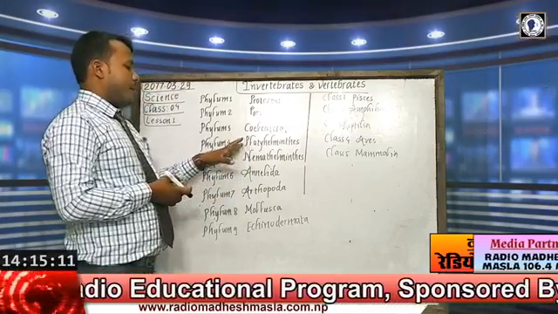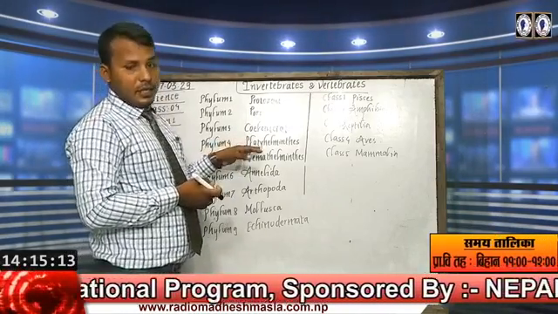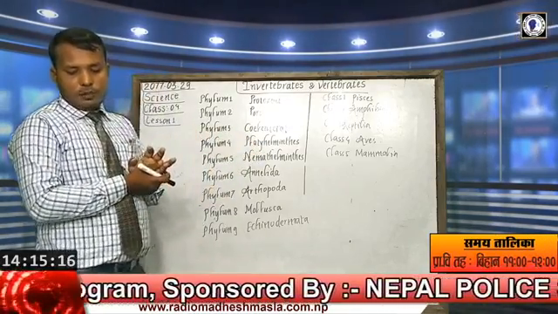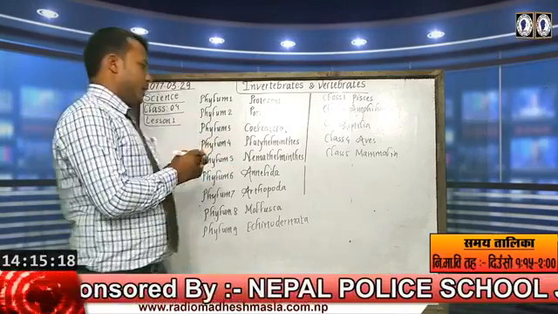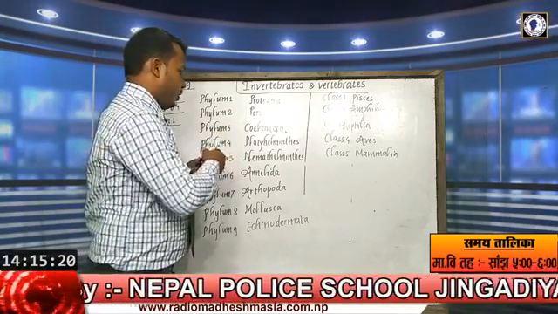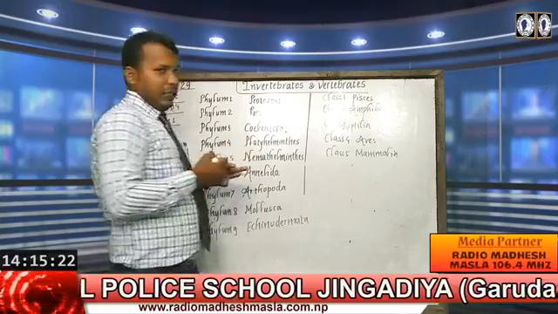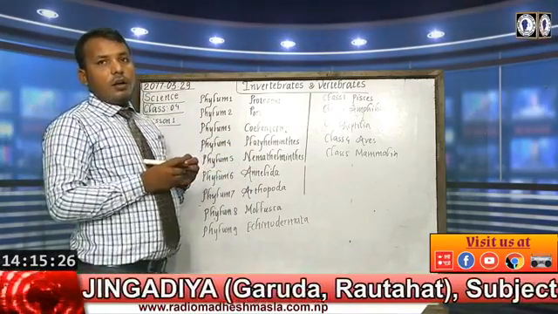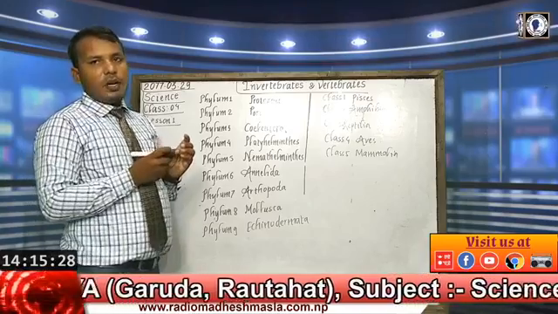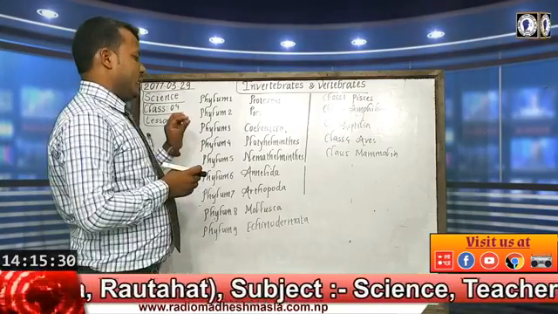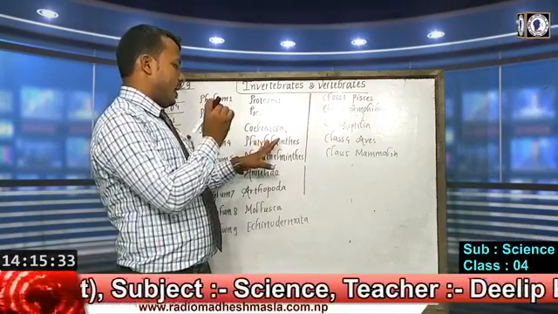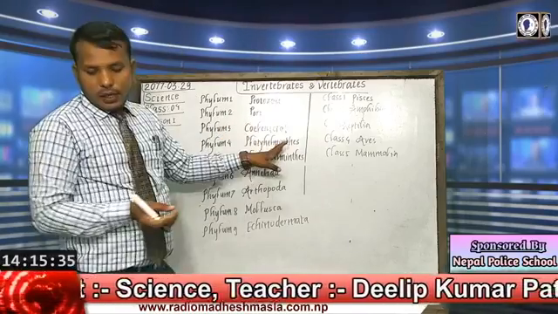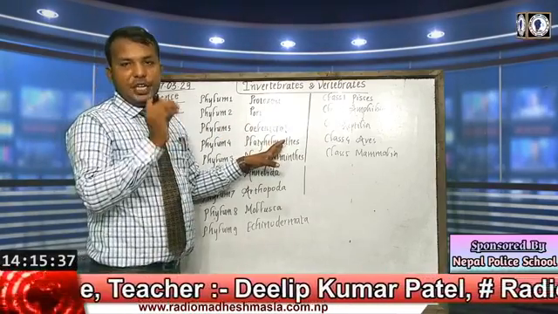Now it's the time for Platyhelminthes. Platyhelminthes means the animals of this group are known as flatworms. All the flatworms are kept in Platyhelminthes. These animals have a long, flat and ribbon-like body.